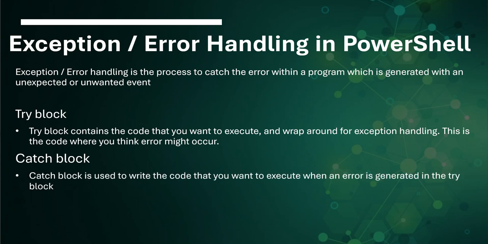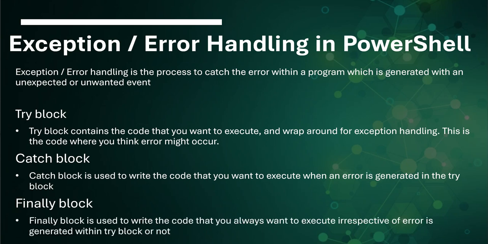The catch block is used to write the code that you want to execute when an error is generated within the try block. And then the third and last component is the finally block. The finally block is used to write the code that you always want to execute, irrespective of whether an error is generated within the try block or not.